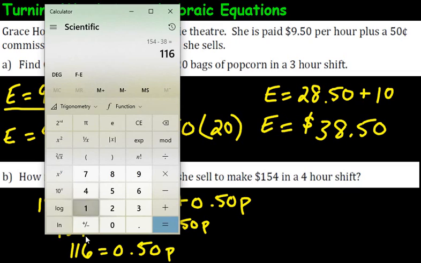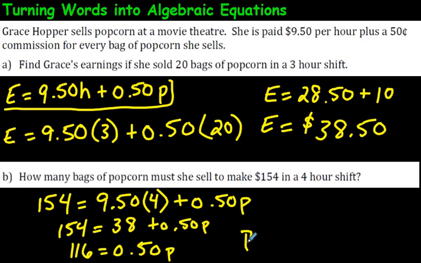And really, that's the same thing as timesing by 2, but I'll just stick with what we're doing. We're dividing by 0.5 or 0.50, and you get 232. So P is 232. We now know that Grace sold 232 bags of popcorn in a 4-hour shift.